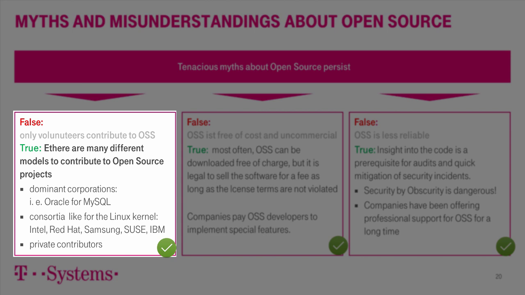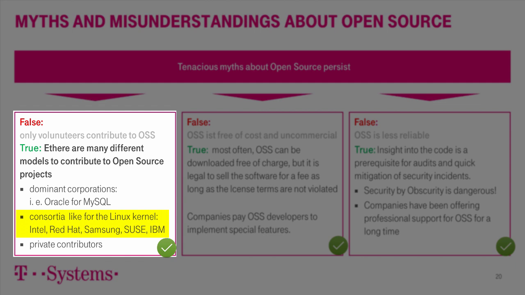And then there is a special case of some consortia like the Linux Foundation, which is an umbrella organization for big companies like Intel, Red Hat, Samsung, SUSE, IBM and lots of others.